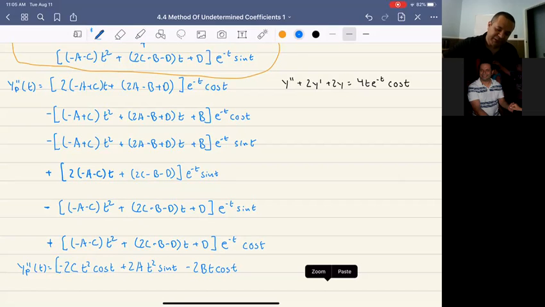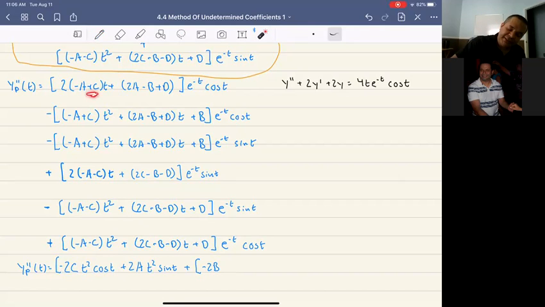Okay. Let's take a look at c's. There's a 2ct cosine t. Minus 2, that's in sine, never mind. 2c, so there's a 2ct cosine t. None here, none here, none here. That's sine.